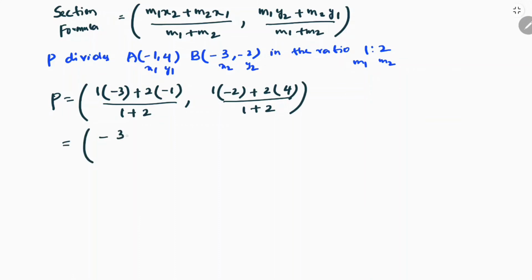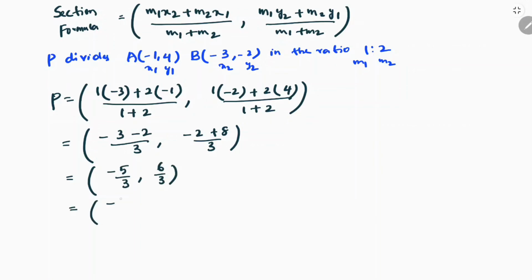So it is (-3 minus 2) by 3, (-2 plus 8) by 3, which is -5 by 3, 6 by 3. So P is (-5 by 3, 2).